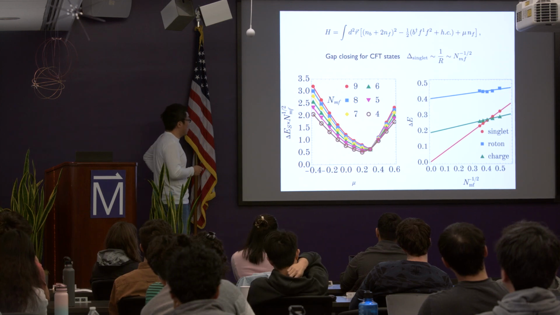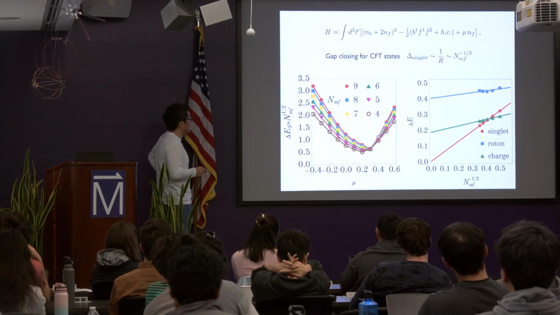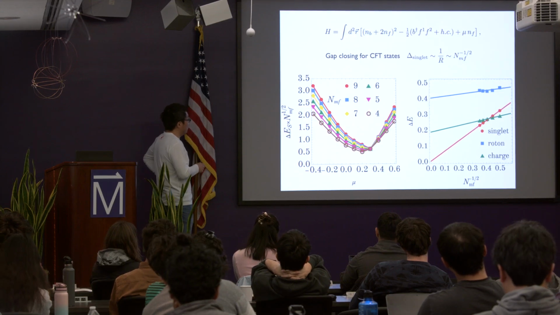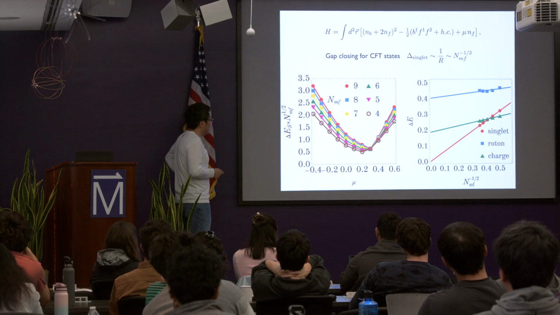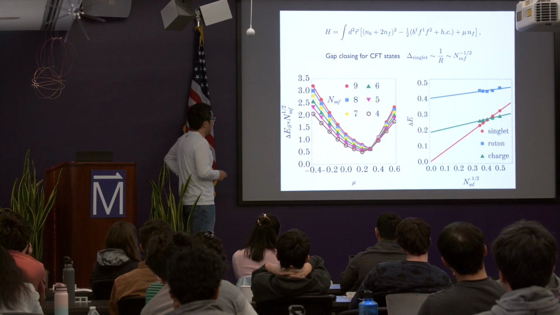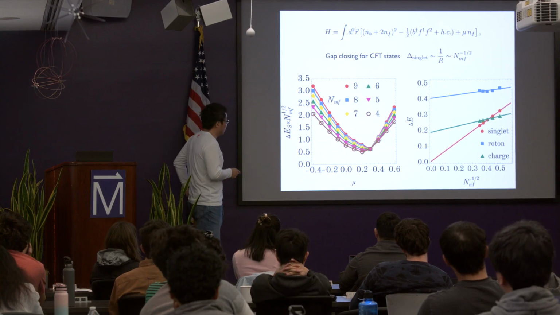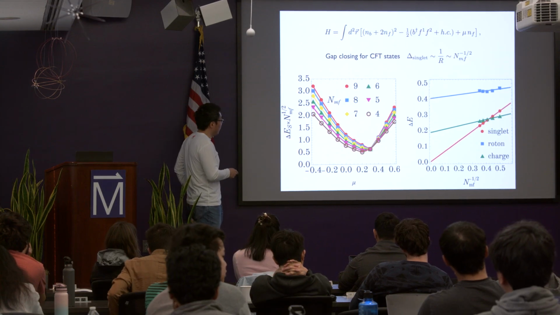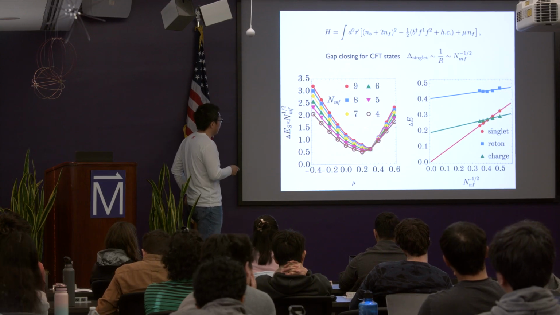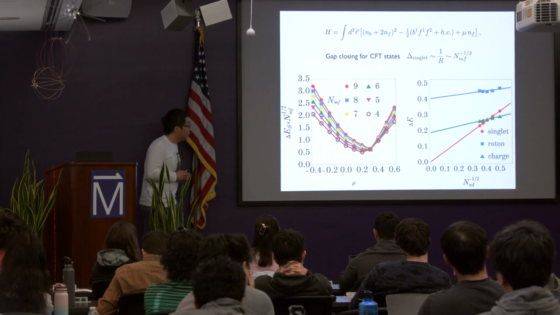So here is a plot with different system sizes, where we rescale the energy gap with this radius r, and you can see that indeed they coincide at one point. That tells us the phase transition is probably happening around this gap closing point, and on both sides it's consistent with a gapped state.